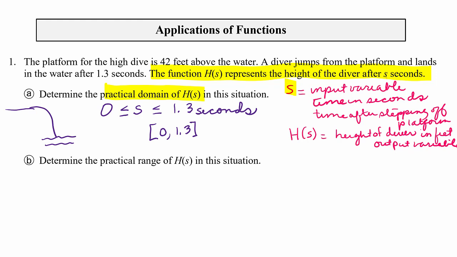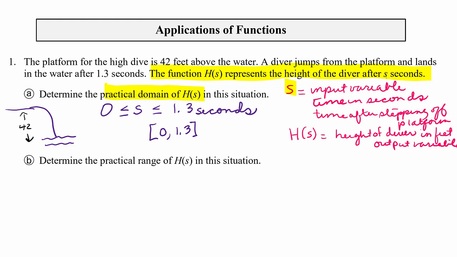Determine the practical range. Now we want to talk about the output values, the height of the diver. The diver starts off at the highest he ever is, which is 42 feet from the water. We're assuming that the diver walks off the platform.